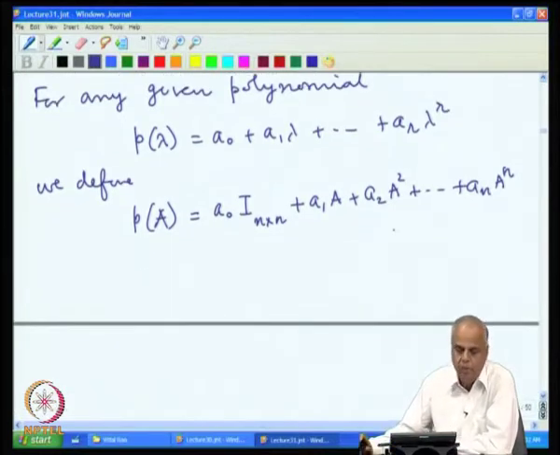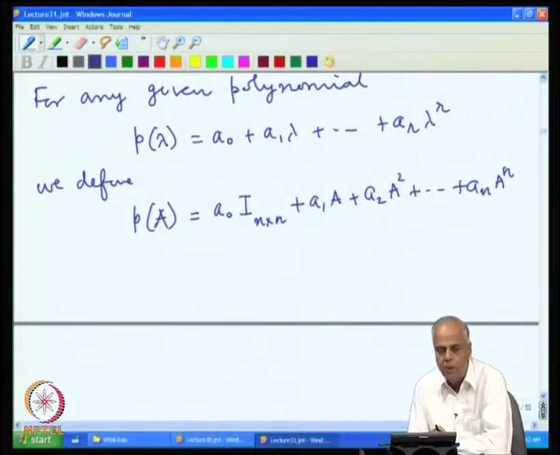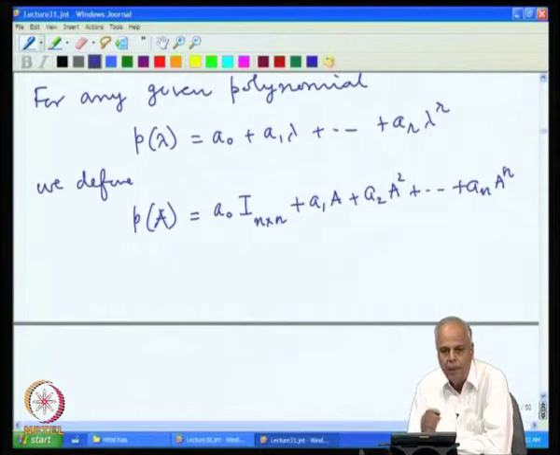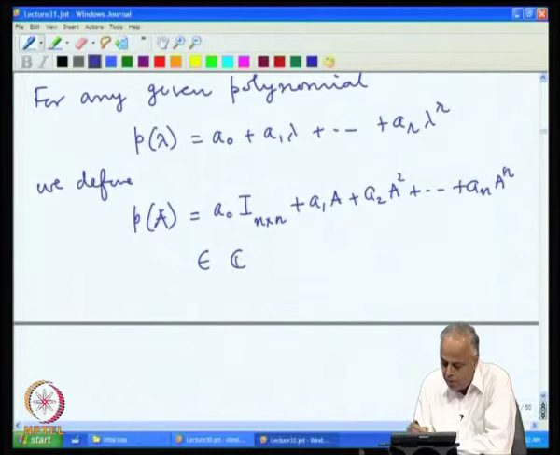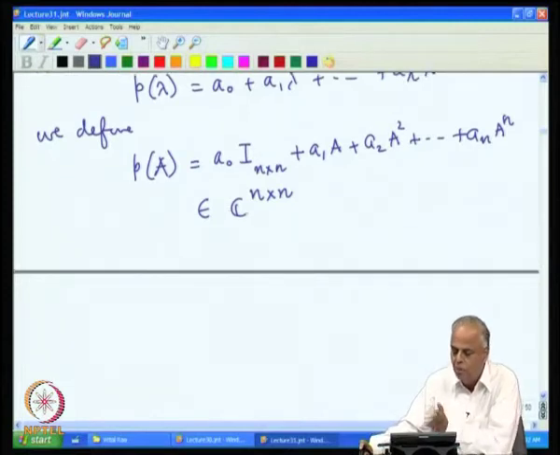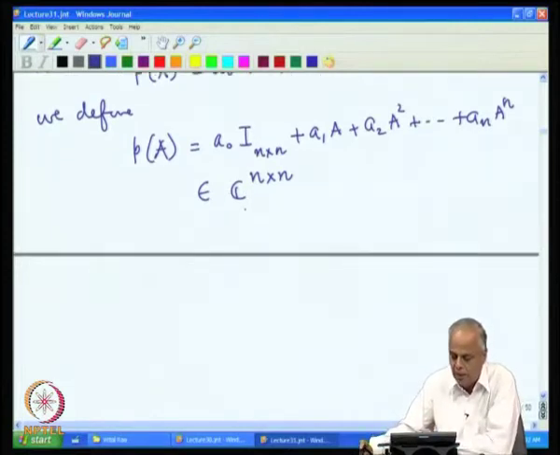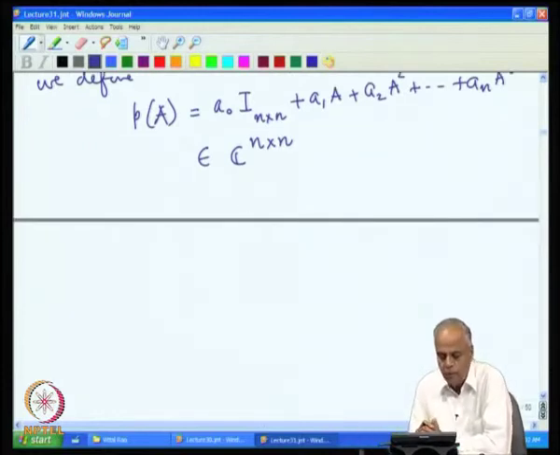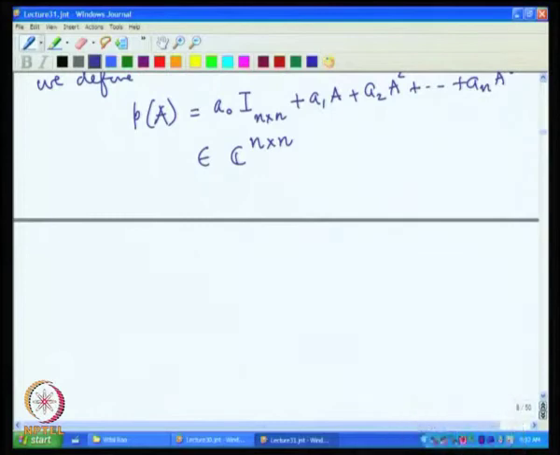So, given any polynomial p with complex coefficients, we associate with it a polynomial in the matrix A. Starting with the complex matrix and complex coefficients, the sum of all these matrices is again a complex matrix. So, given any polynomial with complex coefficients, we can always associate with it the matrix polynomial p of A.